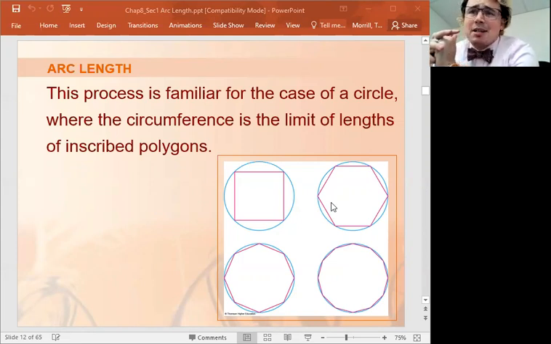And I hope that it makes intuitive sense that as I take more and more line segments here, the sum of all the lengths of the pink lines is becoming a better approximation to the circumference of this circle in blue.